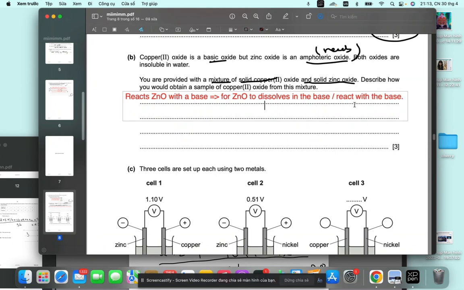Number two, we could obtain a sample of copper oxide from this mixture. Since copper oxide is a basic oxide, it won't react with the base, so we could get rid of the zinc oxide first, and then we filter the copper oxide. Let's write our answer. If it's right or wrong, it's fine. And we will check it at the end.